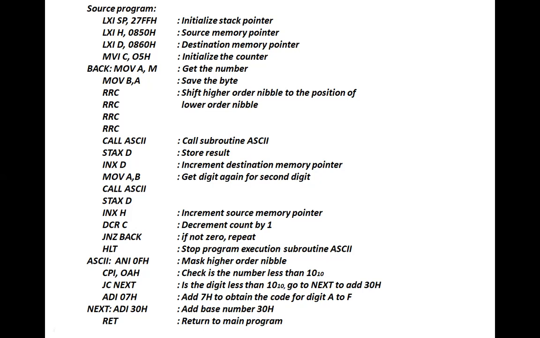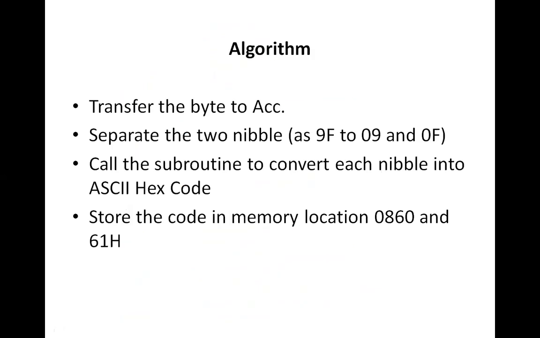So in this way, the conversion program from the binary number to the ASCII number can be done with the help of two subroutines. So let us go through the algorithm which we have used. First of all, we transfer the byte into the accumulator and then separate the two nibbles.